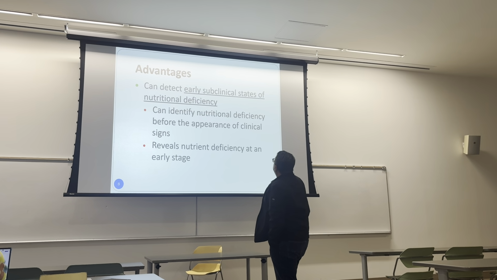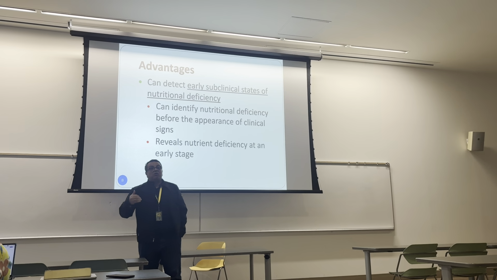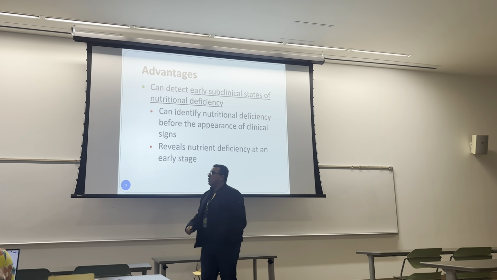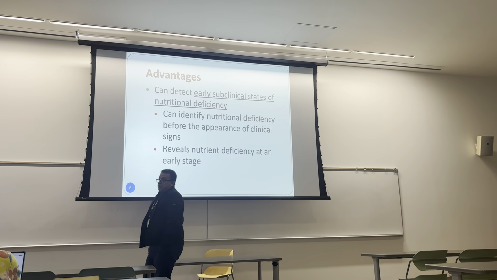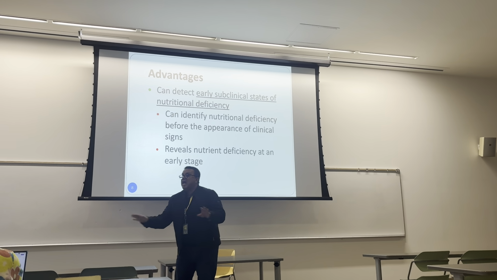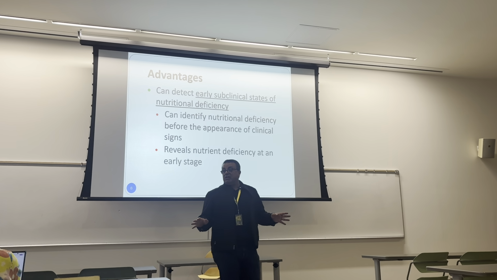It can detect early subclinical signs. When somebody goes to the laboratory to test, for example, the ferritin, he doesn't have any signs of iron deficiency anemia. He doesn't have any of these.